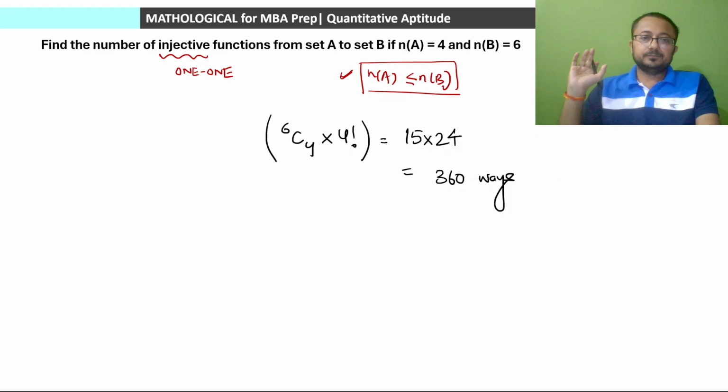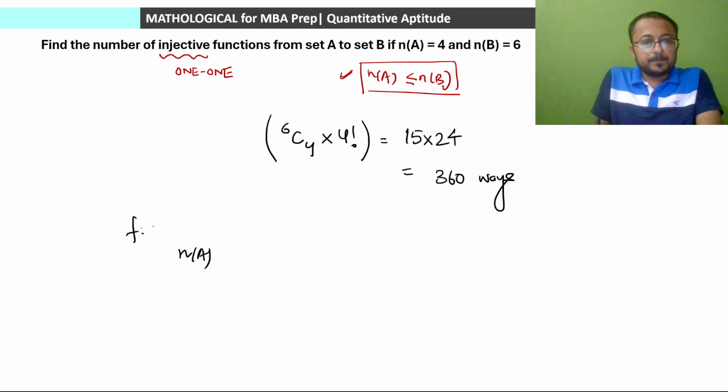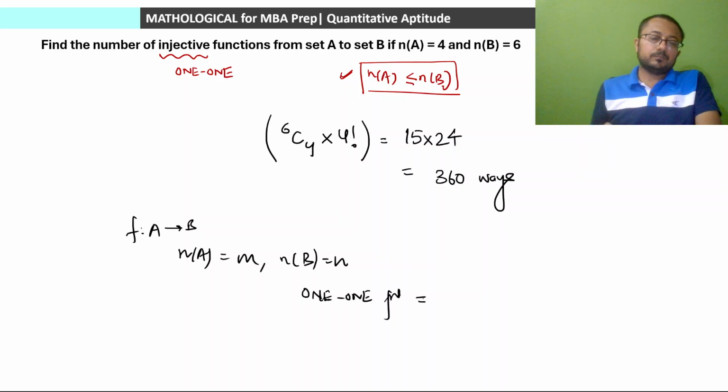क्या ये क्लियर है? ठीक है। या फिर इसी बात को जनरलाइज करें, so if we have a function from A to B, and the number of elements in set A is equal to m and the number of elements in set B is equal to n, in such a case the total number of one-one functions will be equal to: we have to select m elements out of n elements to be related to the m elements of the domain.